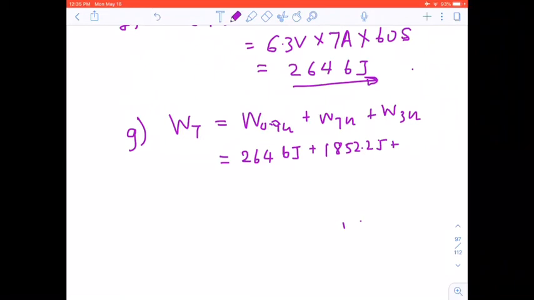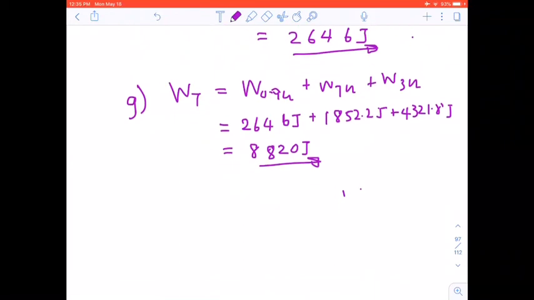Plus 4321.8 joules, which is then equal to 8820 joules. That means that is the amount of energy that is lost by the battery when the battery does work on these particular components.